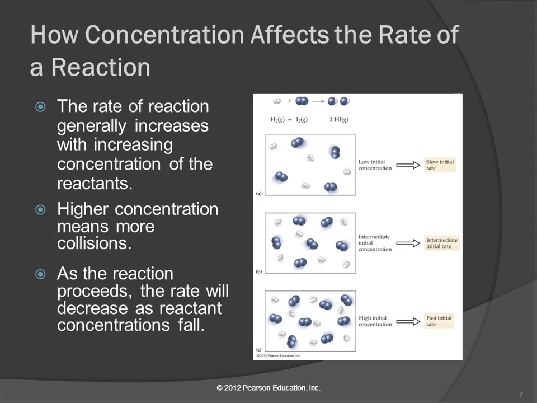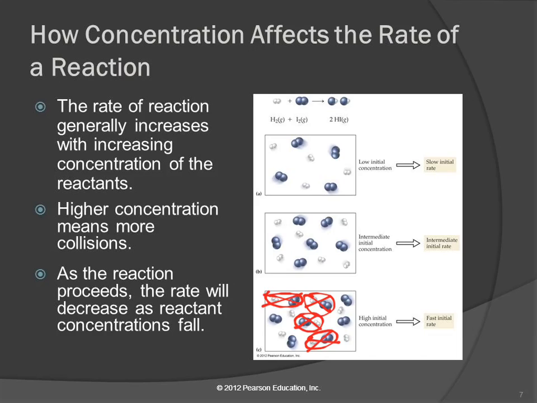Let's see, maybe I can draw on this. Let's use red. So maybe these guys bumped into each other and they reacted. So they're out of the picture now because they formed product. And then these guys bump into each other and now they've formed product. They're not around anymore. These two formed a product. These two formed a product.